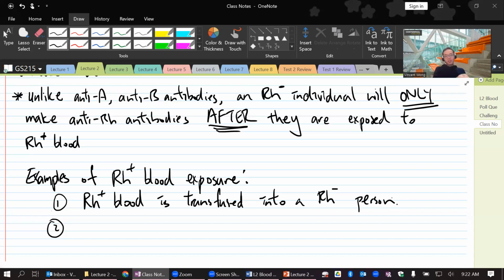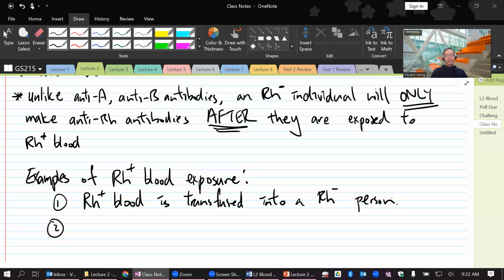Didn't we say positive blood cannot be given to a negative person? That is true, but hang on tight, and we're gonna get back to that in a second. Okay, but positive blood is sometimes given to a negative person, either by mistake or sometimes on purpose. Okay, because they don't have other choice. And I'll explain more.